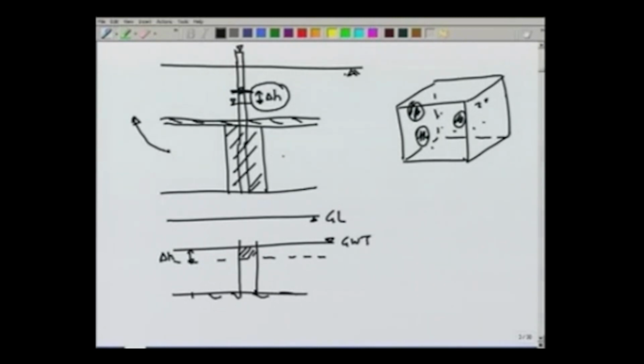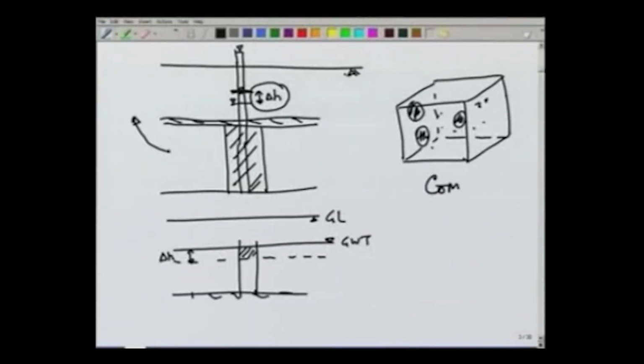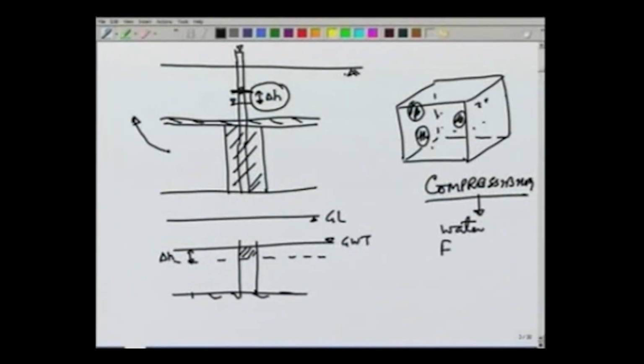But in confined aquifers, there is no change or not much change in volume. There is little change which we will see, but there is not much change in the volume. Therefore, the water which comes out is because of the compressibility. And when we talk about compressibility, it would be compressibility of water as well as the compressibility of the medium. So, we can call that aquifer or formation compressibility.